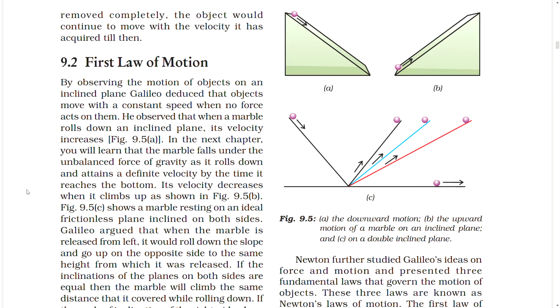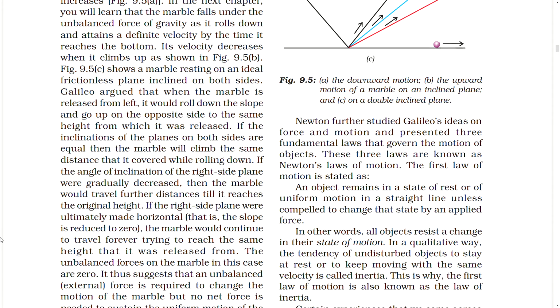If the inclinations of the planes on both sides are equal, then the marble will climb the same distance that it covered while rolling down. If the angle of inclination of the right side plane were gradually decreased, then the marble would travel further distances till it reaches the original height.